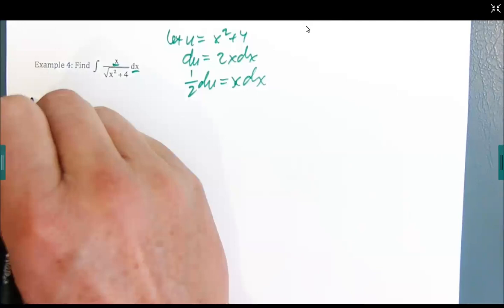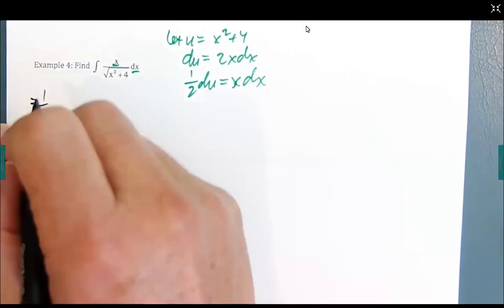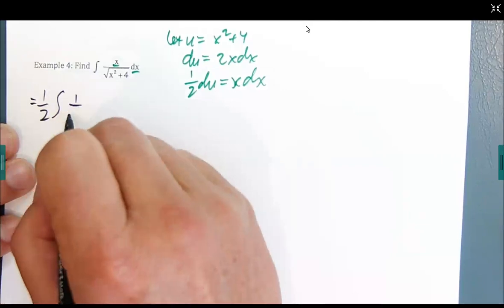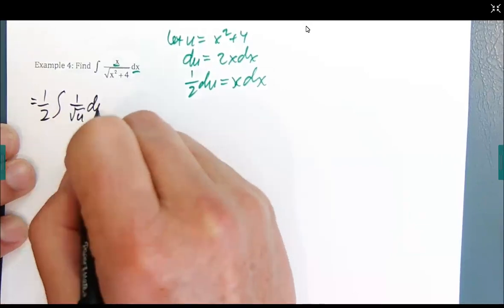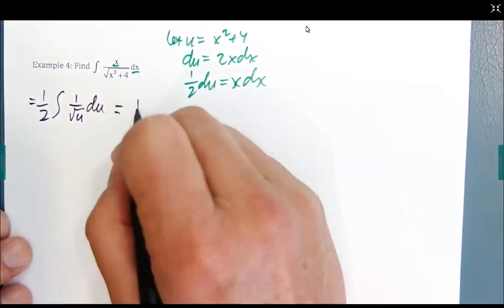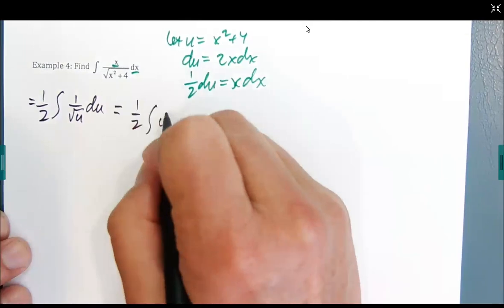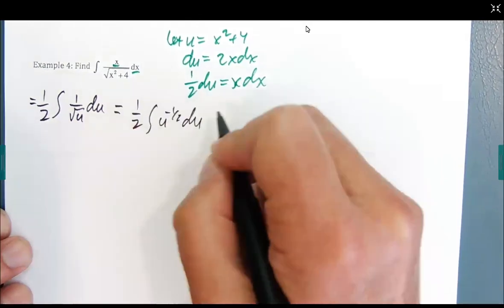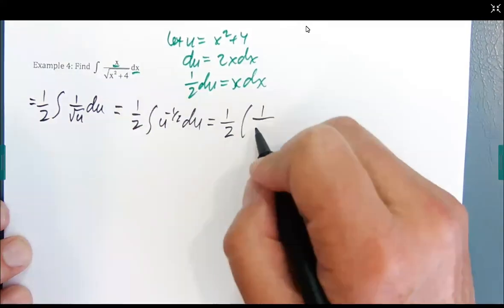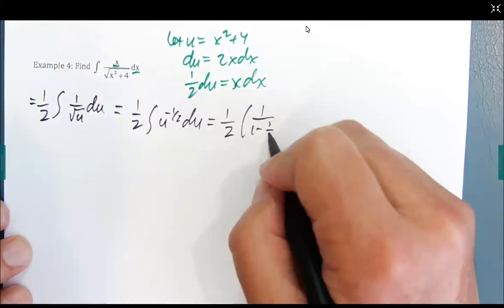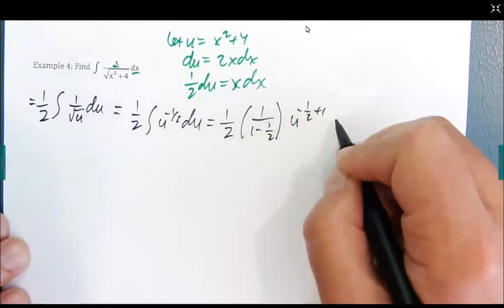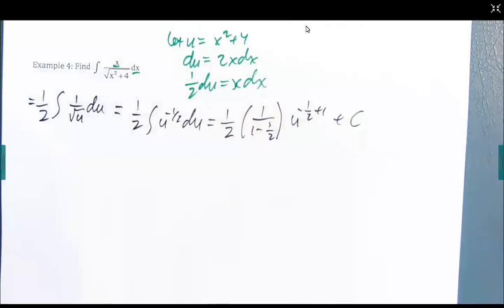So here we have, there's the 1/2 there, the integral of 1/√u du. And let's keep going. 1/2 the integral of u to the -1/2 power du. 1/2 times 1 over 1 minus 1/2 u to the -1/2 plus 1 plus my constant.